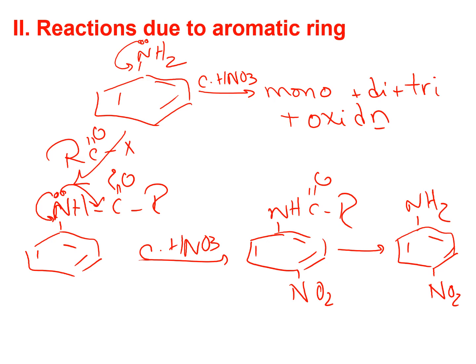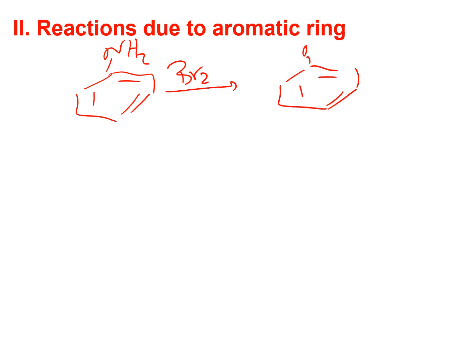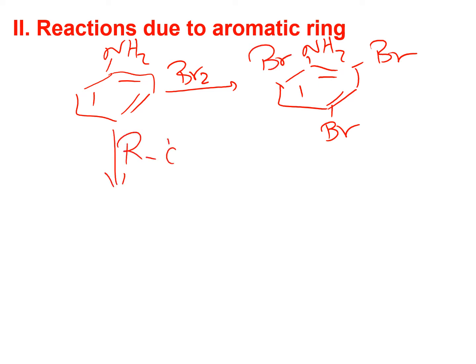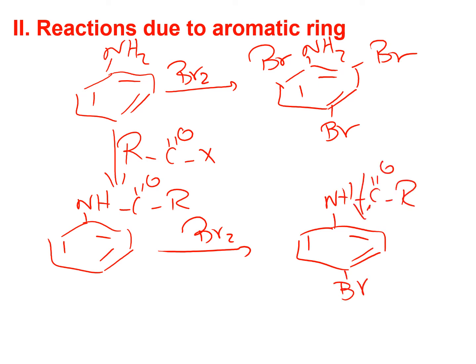The same applies to the halogenation. When you perform halogenation of the aniline, you will end up with a multiple substituted compound due to the high activation of the ring rather than a mono substituted compound. So to solve this problem, again you use the acylation of the amino group, and then you perform the halogenation, giving the para product as a major product, and then you hydrolyze the acyl group, giving your final product.